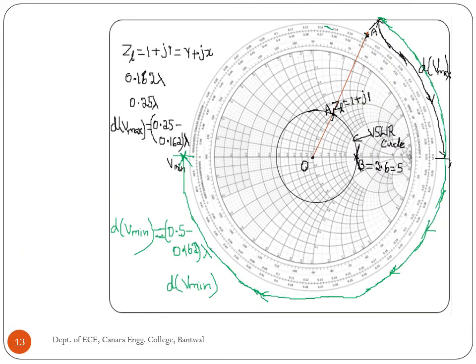At load end position, from your Smith chart, when we consider the outer circle, we can read the value at this point is 0.162.